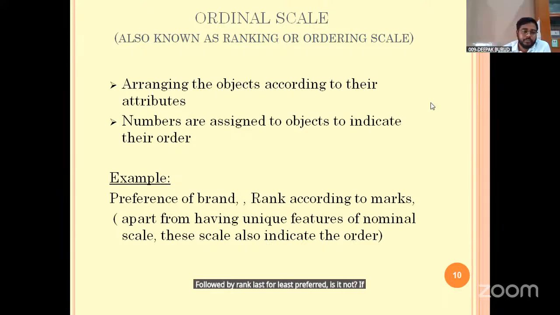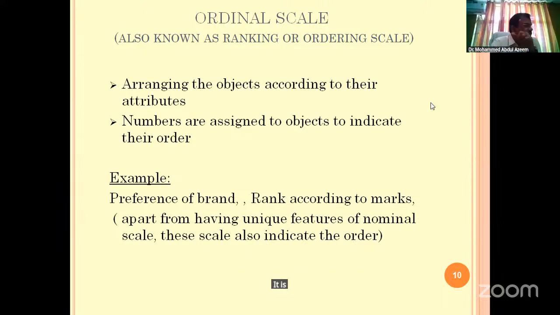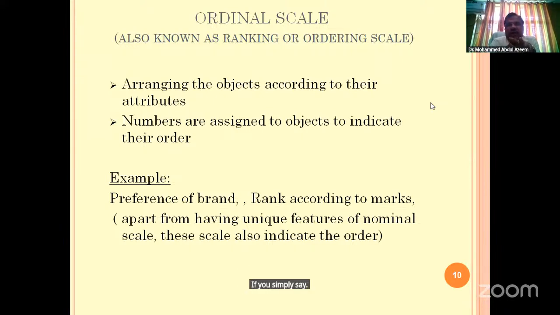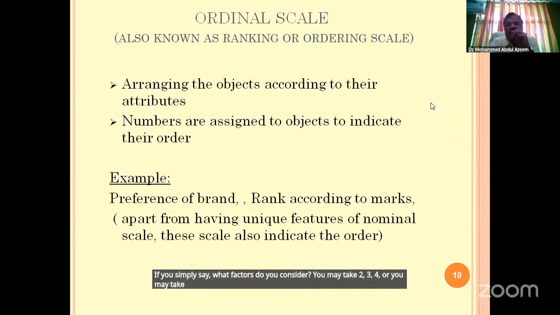If we ask that, it is a part of ordinal scale, if you rank those things. If you don't rank those things, it is a part of nominal scale. You see the logic here. If you simply say, what factors do you consider? You may tick 2, 3, 4, or you may tick 1, 2, 6.